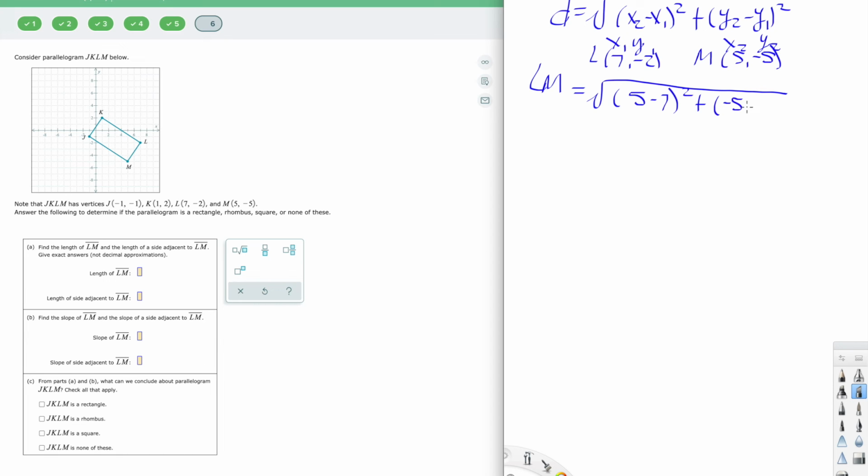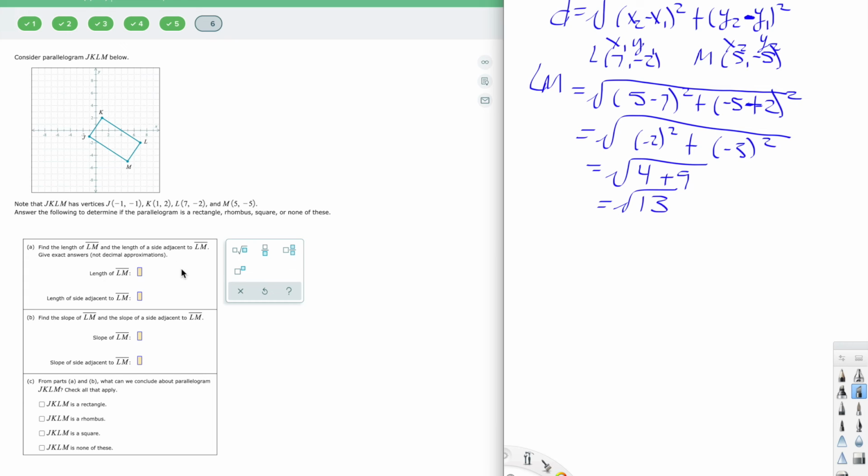Make sure you leave this minus. It's part of the equation, so that doesn't go away. So now I have 5 minus 7, that's negative 2, plus negative 5 plus 2. Minus negative turns into a plus. So I end up with negative 3. So now I have 4 plus 9. That gives me 13. So I come over here and I'm going to go square root 13.